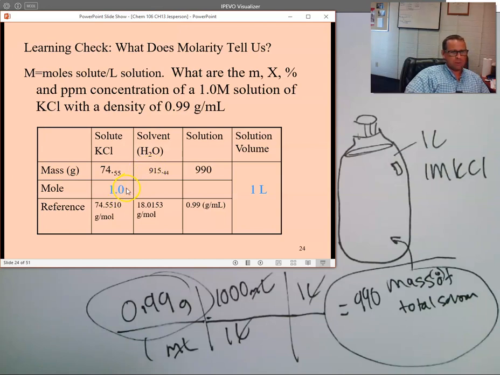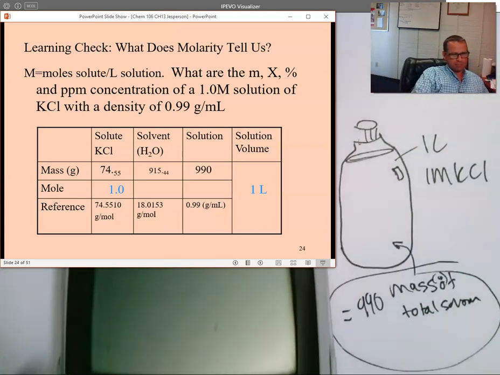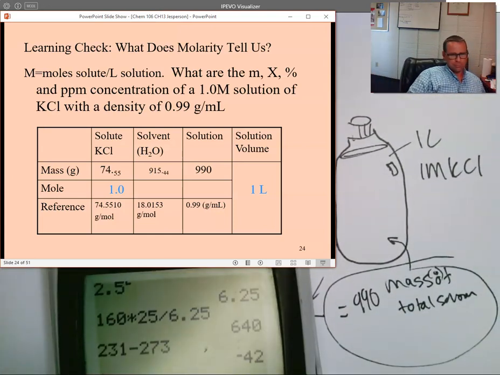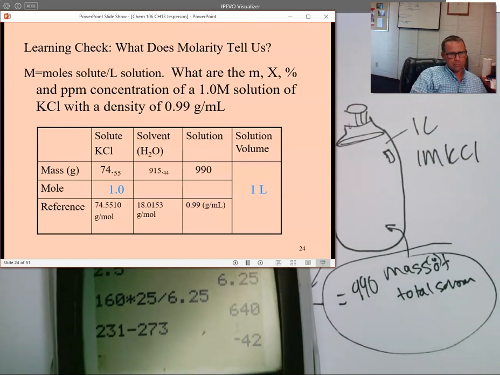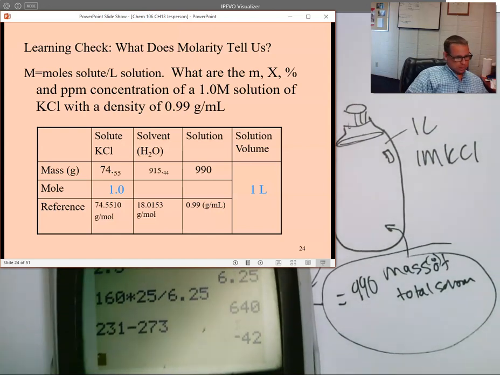Camille, are you ready to solve for the molality here? Yes, sir. All right, why don't you do it for us? What's the molality? Okay. Molality is moles of solute over kilograms of solvent.